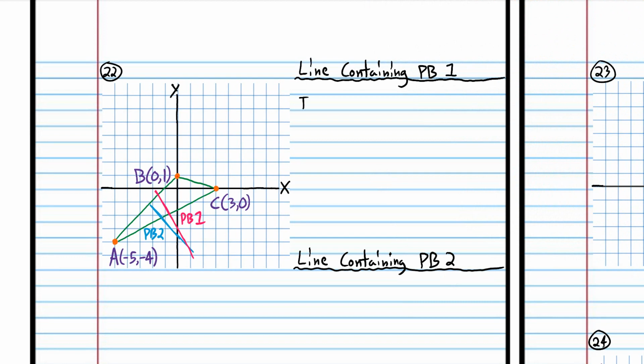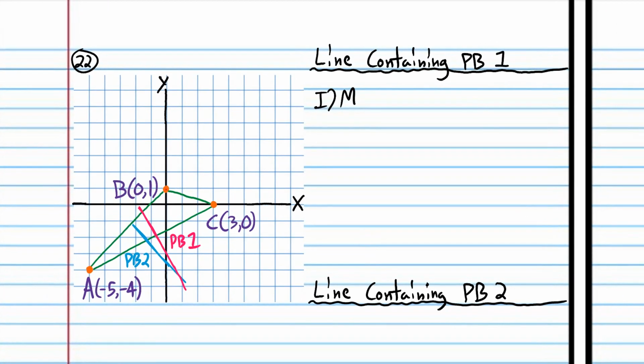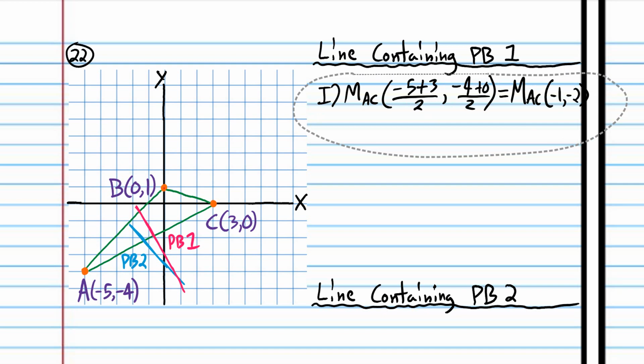So we have to find the midpoint of AC, and that equals -1 and -2. So let me just move that over a little bit.